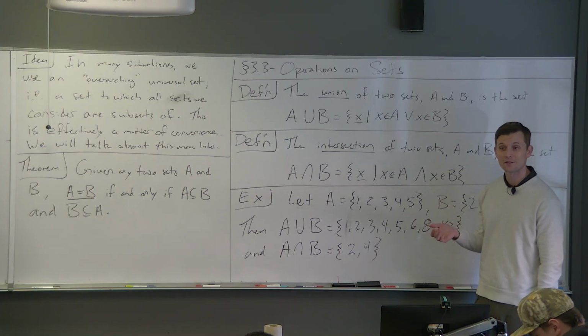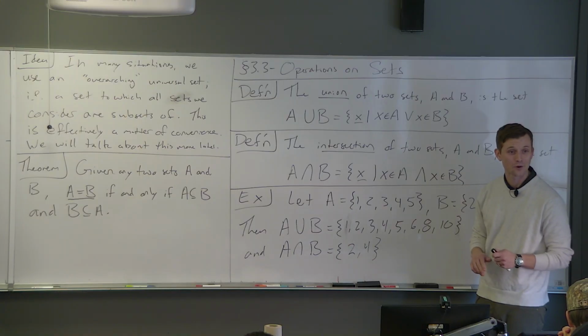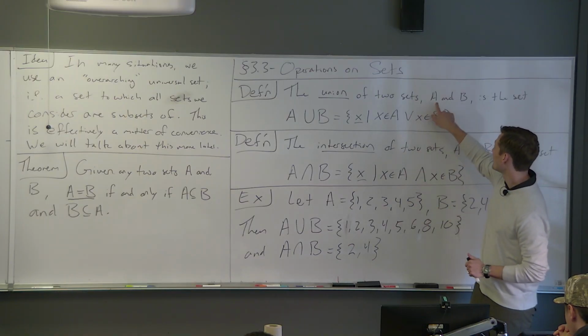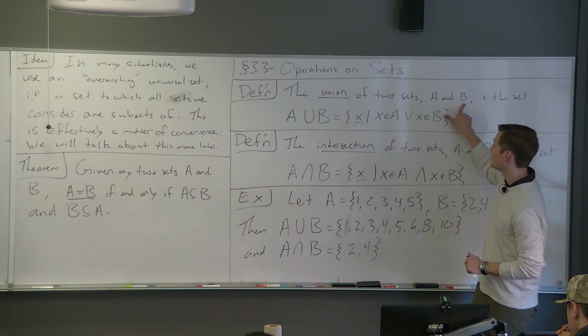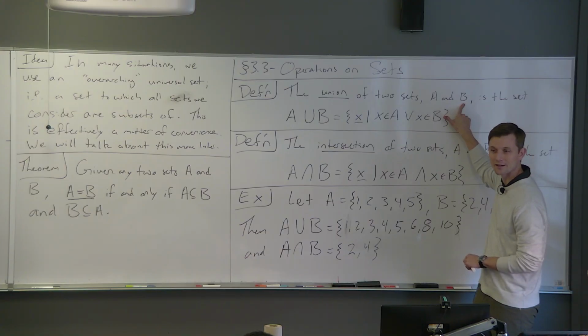For most of the sets that we're talking about, this is a relatively easy thing to get past. That is, when we start going, hey, you've got A and B, two sets, we could immediately presume perhaps that these sets belong to some universe, right?